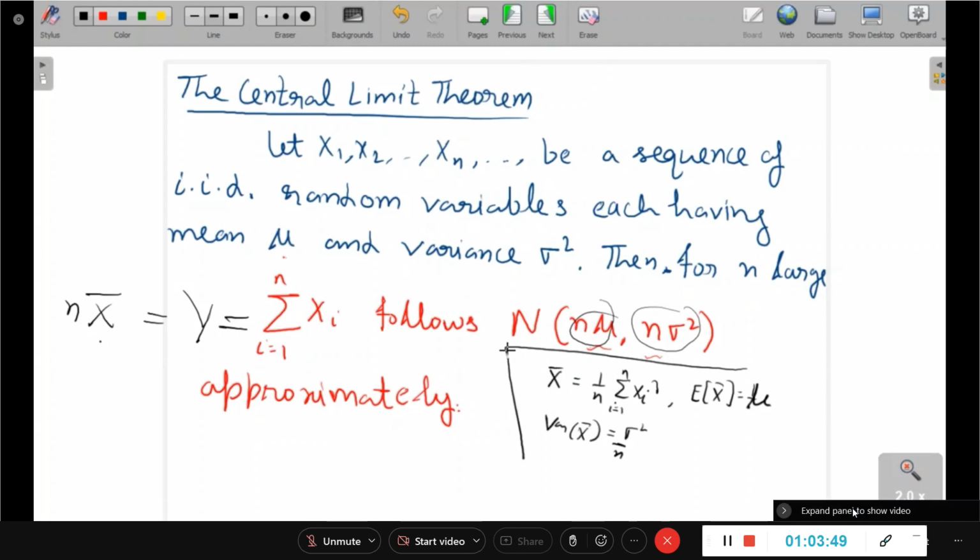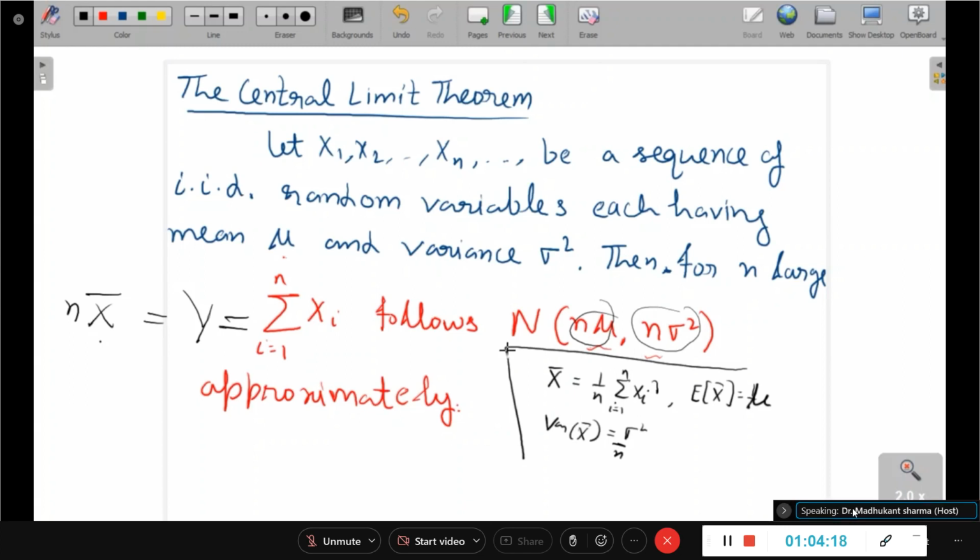Now, once n is large and it follows the normal distribution, you can change it into a standard normal variate and do all the stuff. What we can observe from here is another way of representing the central limit theorem in terms of probability.